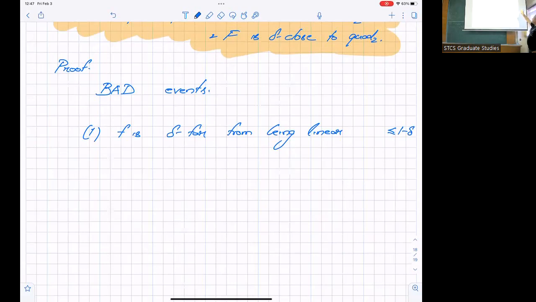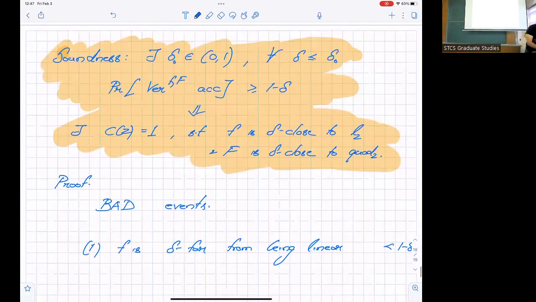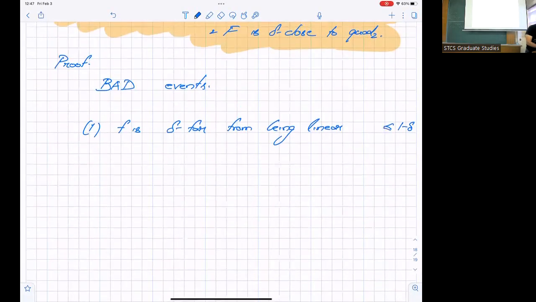So the test can pass only with probability strictly smaller than 1 minus delta. Therefore, this can't be the case, because the test is passing with probability greater than 1 minus delta. So this can't happen.